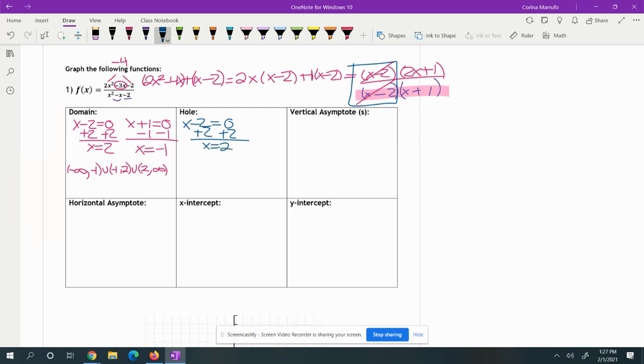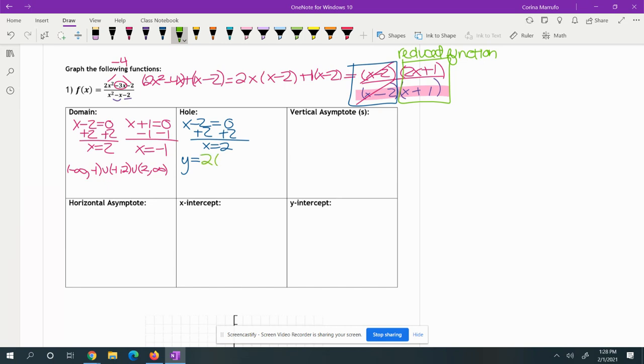My y value, to find my y value, instead of x, I'm going to plug in 2, but I'm going to plug it into my reduced function, okay? So this section right here is my reduced function. Okay, so then I am going to plug in a 2 instead of x.